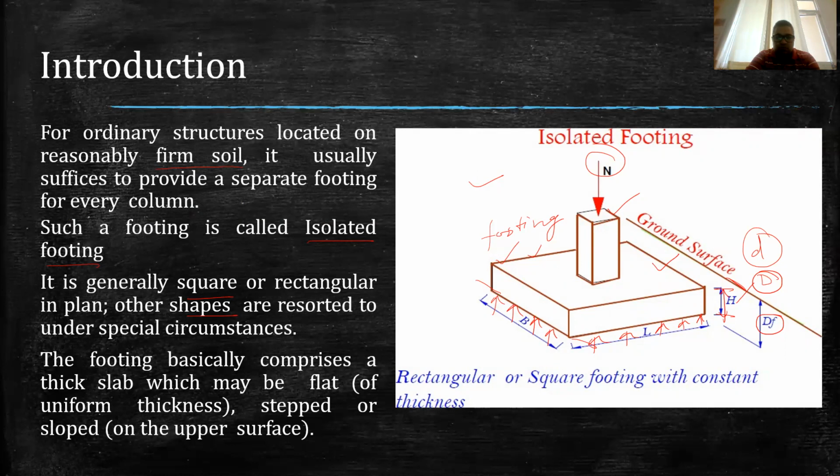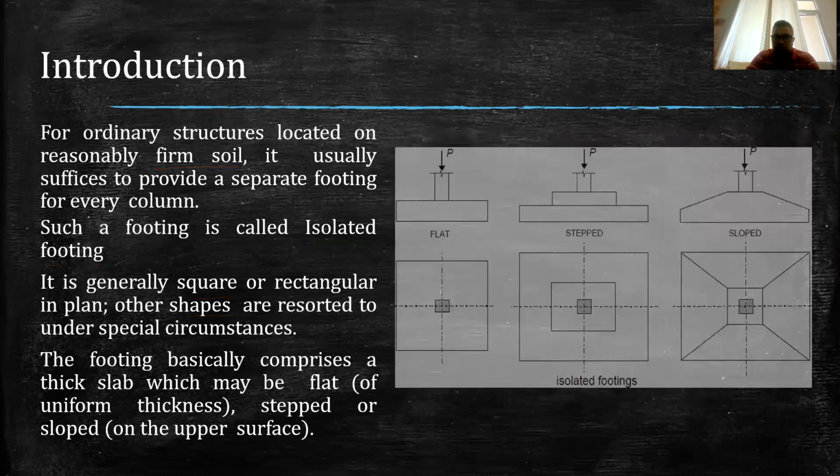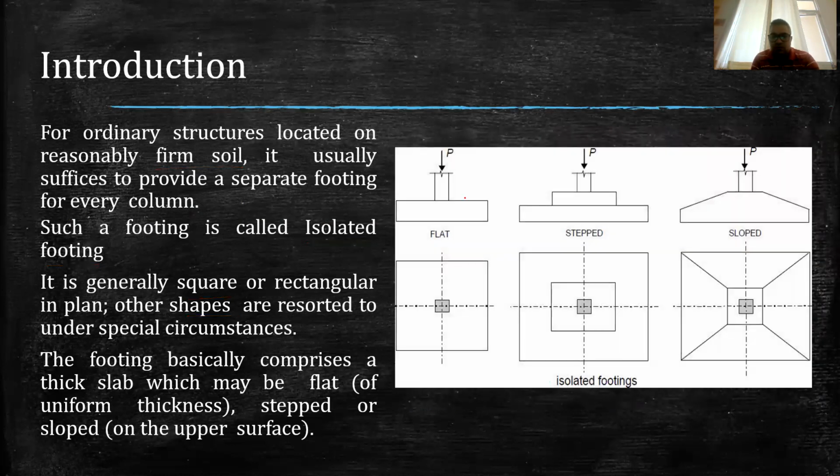And if we want to see the stepped and sloped, I have also provided the photo. So this is the simplest footing, which is isolated footing, and in this you can see the slab thickness is uniform. Similarly, sometimes we provide a pedestal, and we want to disperse this load in steps. So this is known as stepped footing, and that also comes under the category of isolated footing.